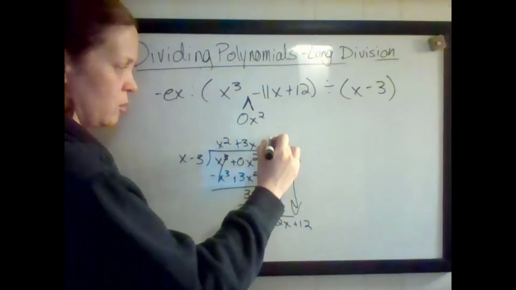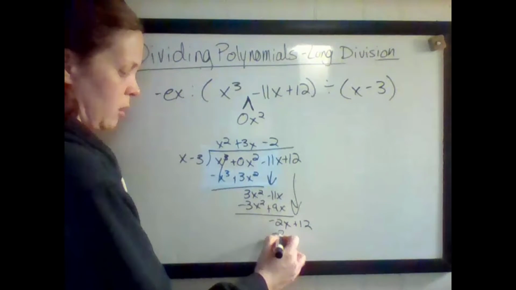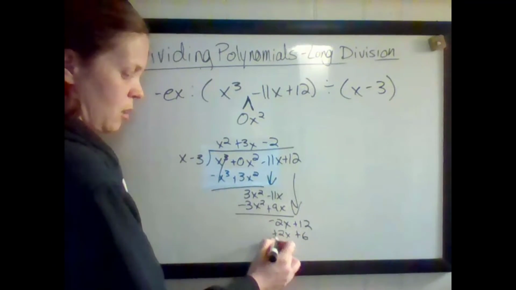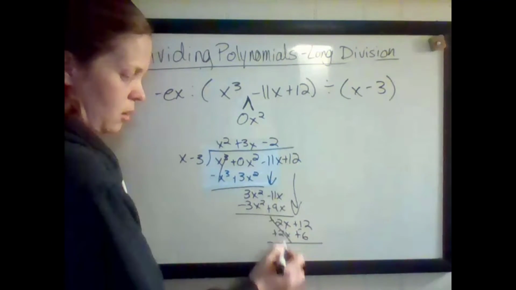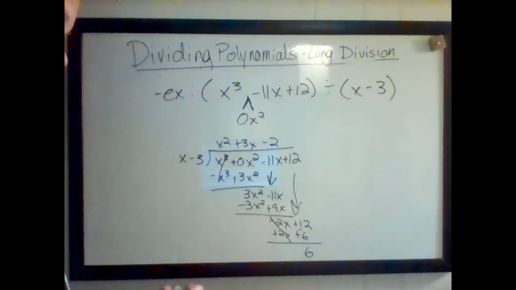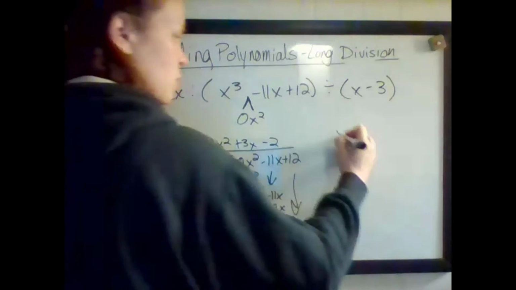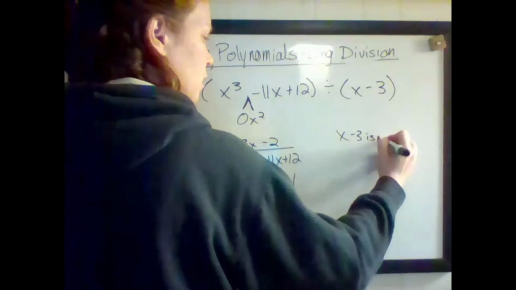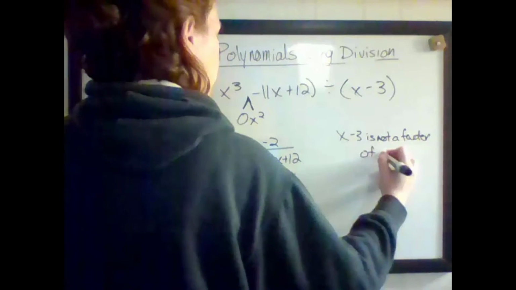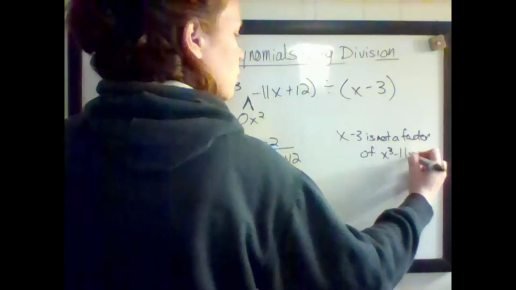x times a minus 2 is minus 2x, minus 3 times minus 2 is a plus 6, plus minus, gone, 6. Okay, nothing else to bring down. So now this one I have a remainder of 6. So that means x minus 3 is not a factor of x cubed minus 11x plus 12.